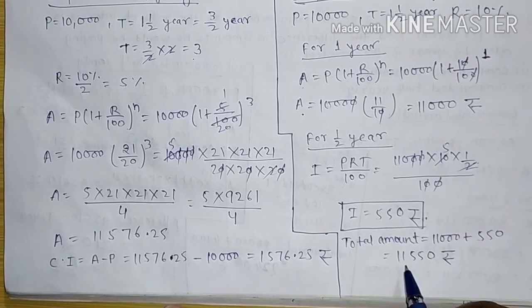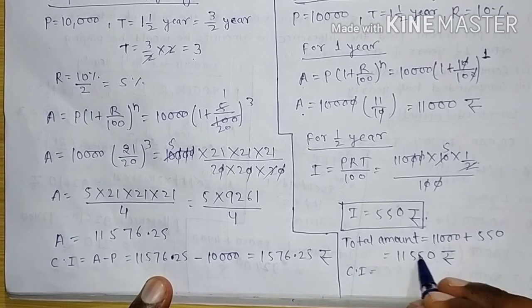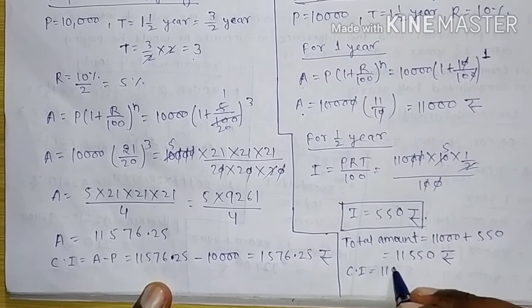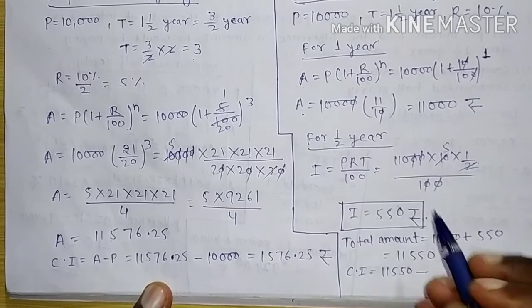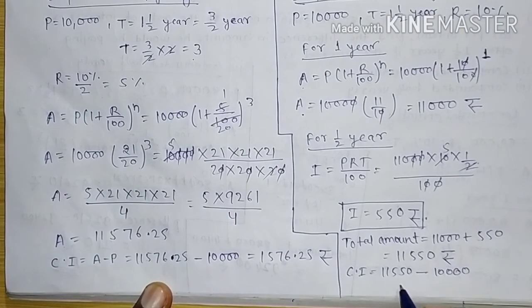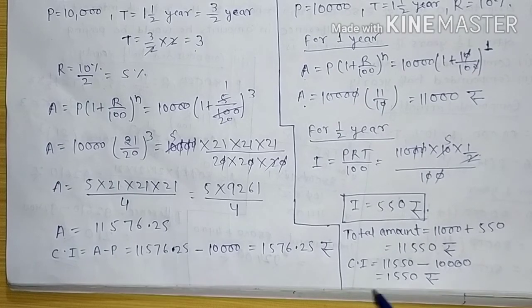Total amount is 11,550, minus principal 10,000. Just subtract it: 11,550 minus 10,000, so it will be 1,550 rupees.